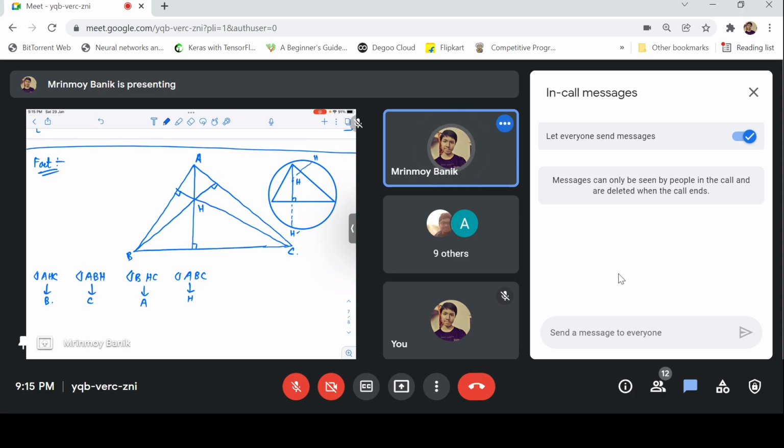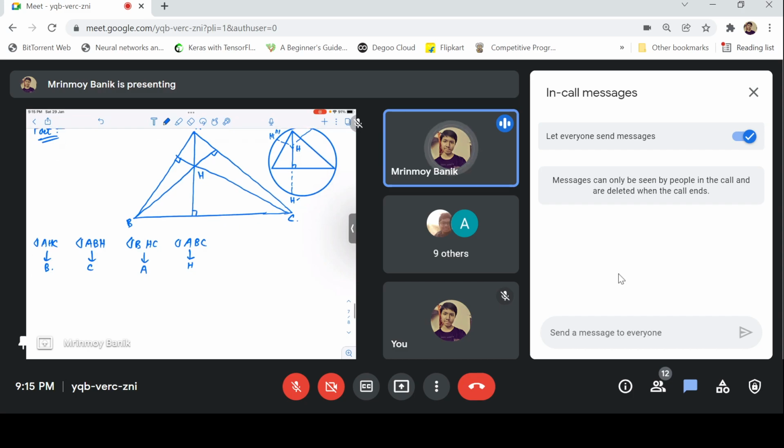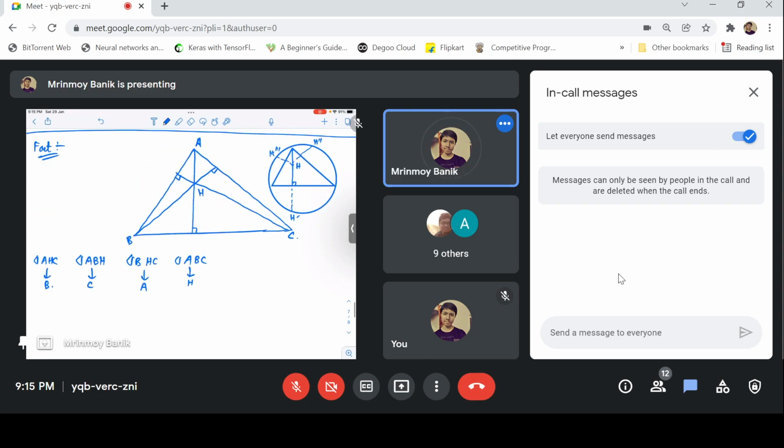Similarly for any side. So let's prove it then.